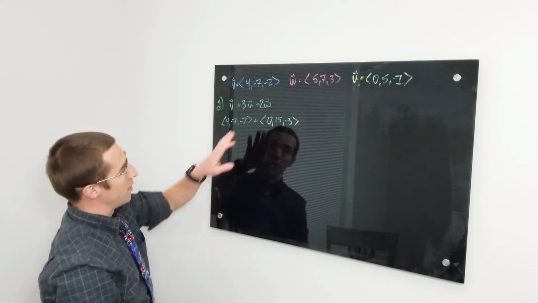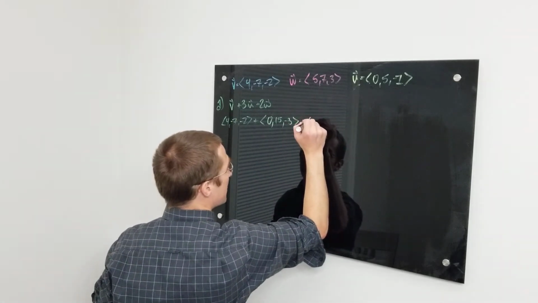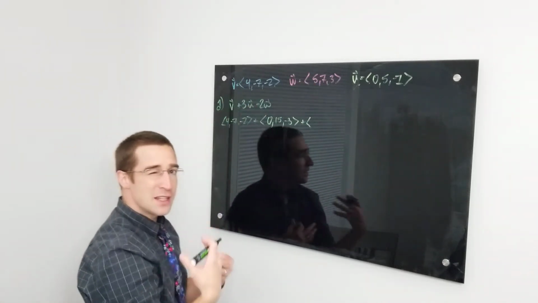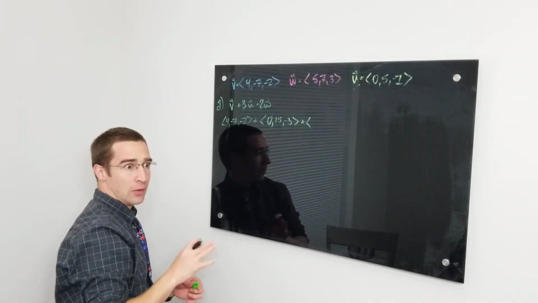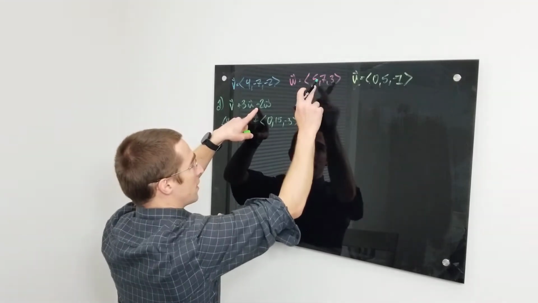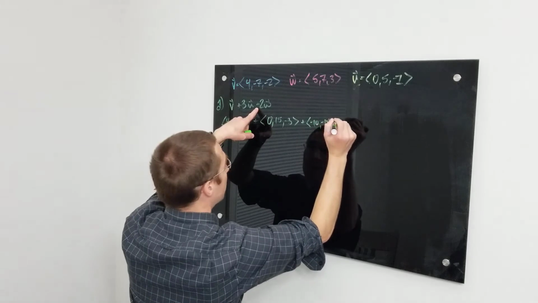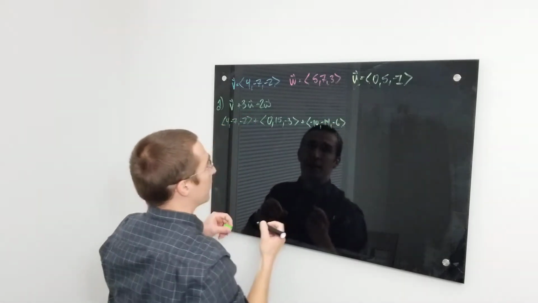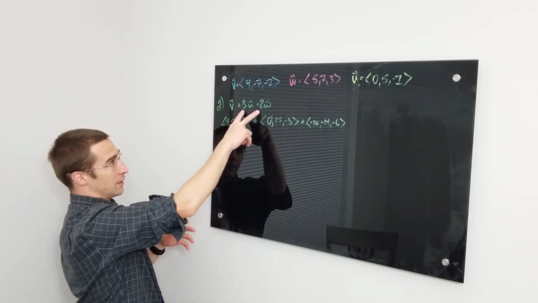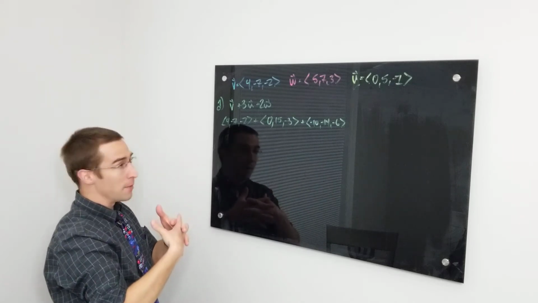And since it's a minus 2w, I'm just going to write a plus and multiply each of these by -2. That'll make it easier to combine everything and I won't forget that negative. So that -2 multiplies to get -10, -14, -6. That's -2w. So I did the scalar multiplication, and now I'm just going to combine the components.